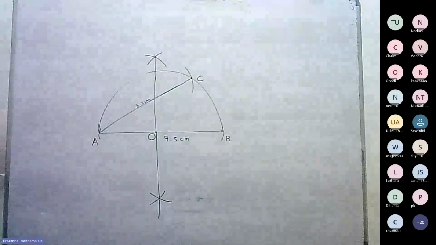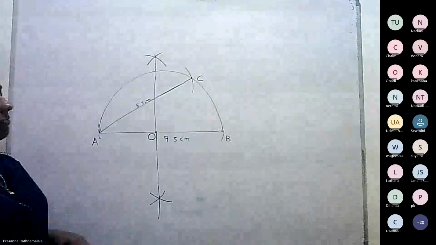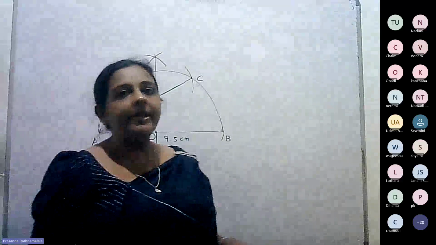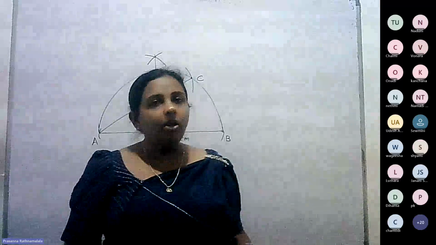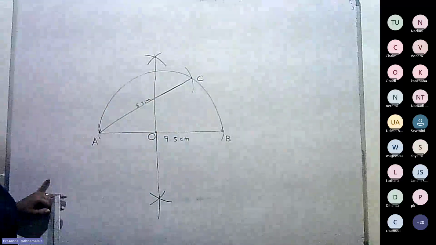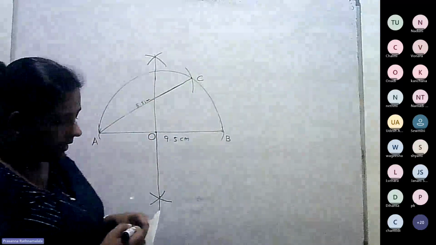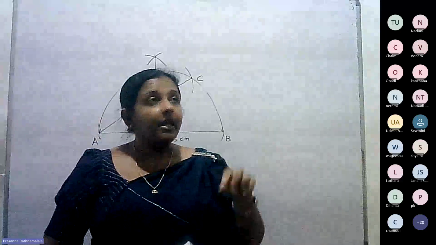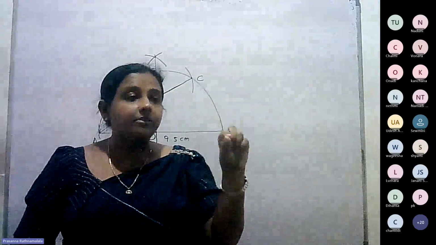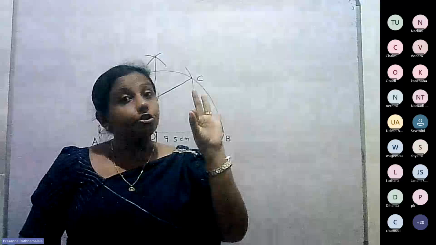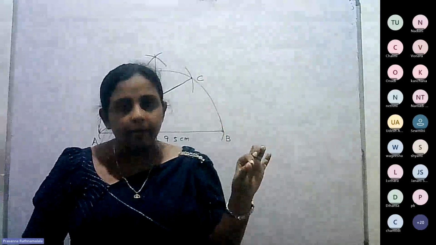And you construct the tangent at point C. Then how do you construct this tangent through a point on the circle?